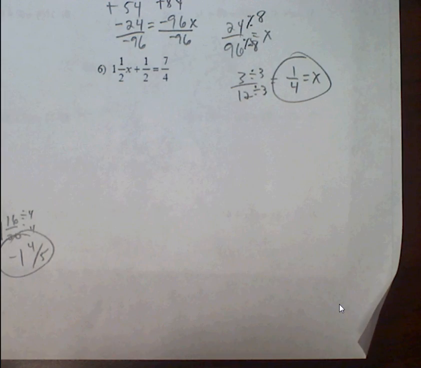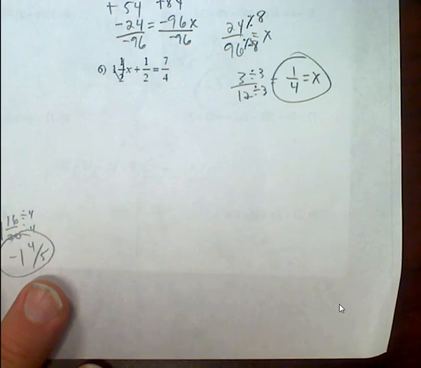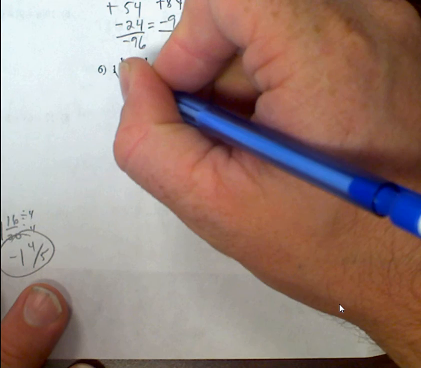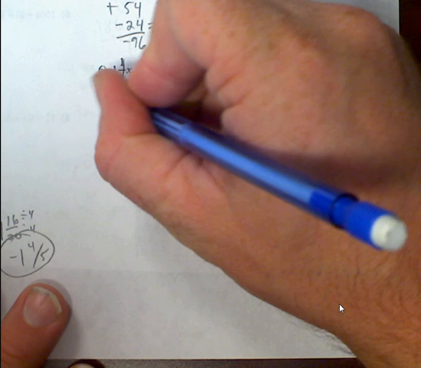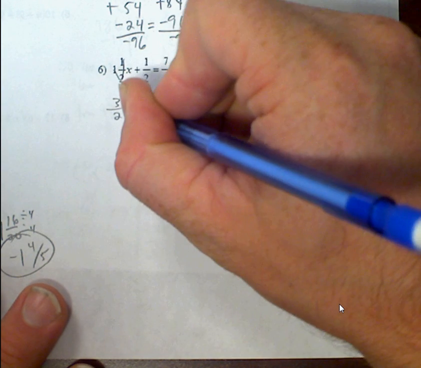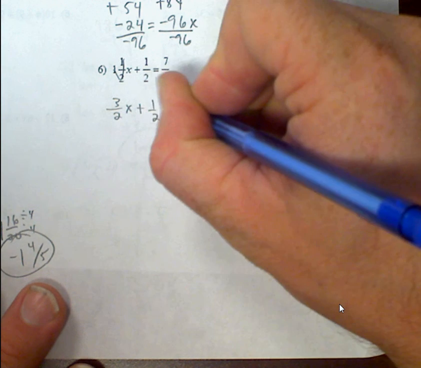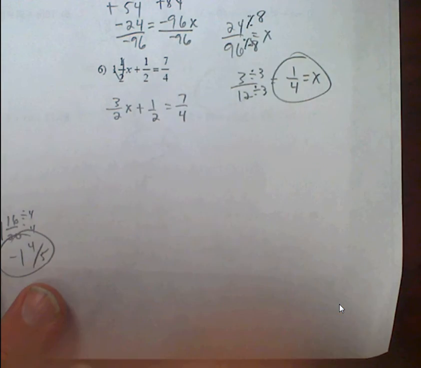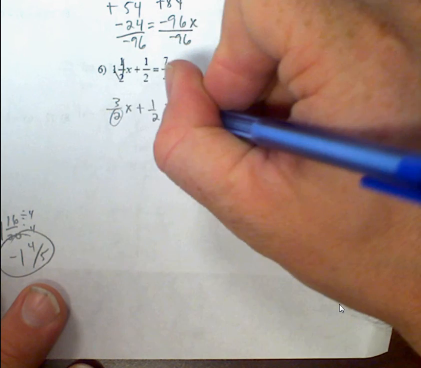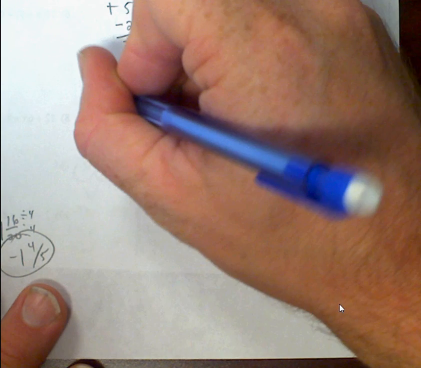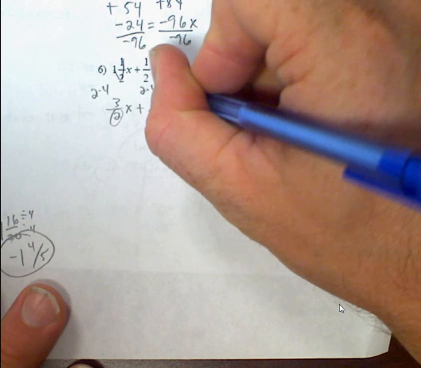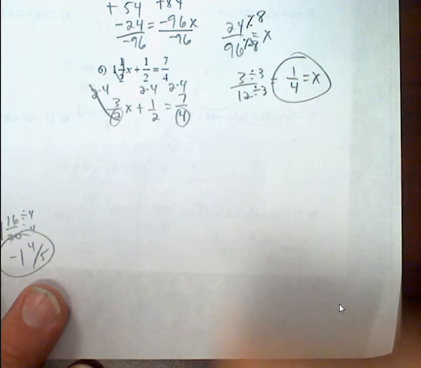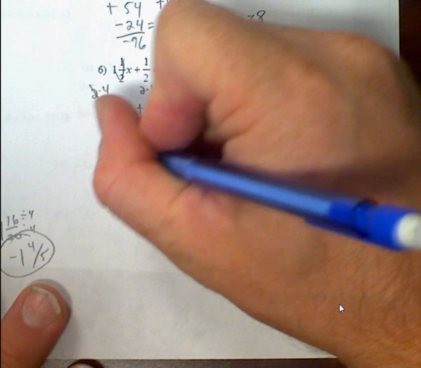Number 6. Check mark first. That's 2 plus 1 is 3. 3 over 2x plus 1 over 2 equals 7 over 4. My denominators are 2 and 4 because I have another 2, so 2 times 4. My 2's will cancel, 12x.